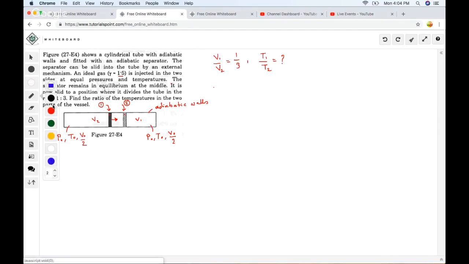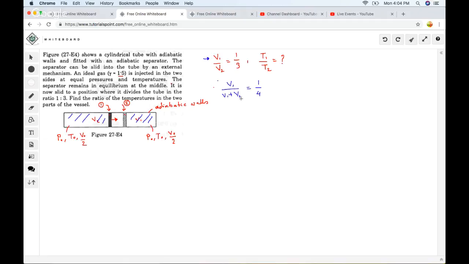So what comes to mind is that whatever happens on this side of the cylinder is an adiabatic process, and on this side also it is an adiabatic process only. From the equation V1 by V2 is equal to 1 by 3, I can get the final volumes. V1 divided by V1 plus V2 will be equal to 1 by 4.